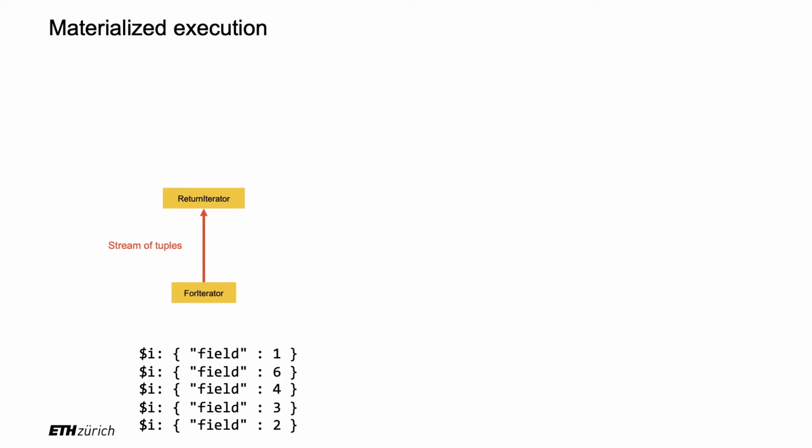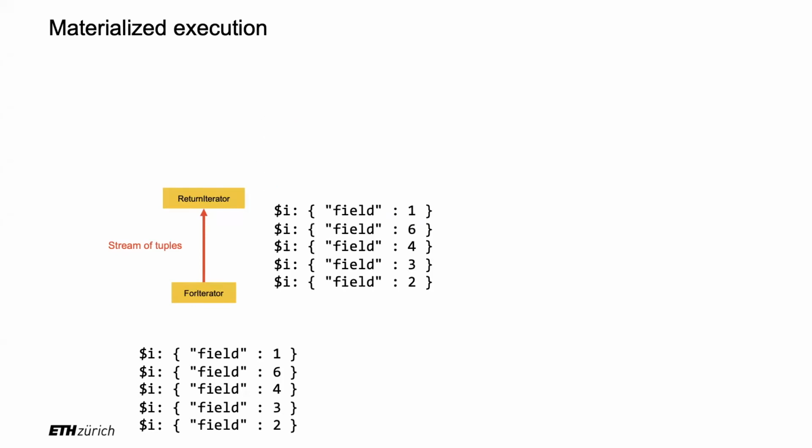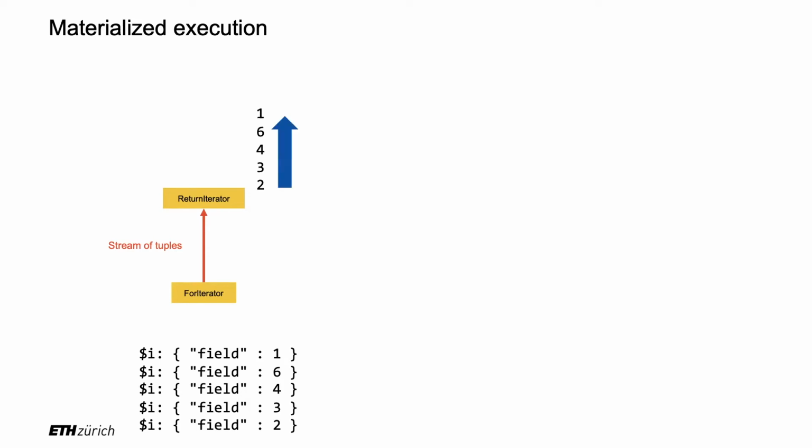Materialized execution means that I take all of the items there and I literally copy them in the memory of my machine. I materialize, this is called materialization, right? So I really build the actual list of my tuples in memory on my machine, everything in memory, and then I execute the semantics of my iterator, and then I give the output.